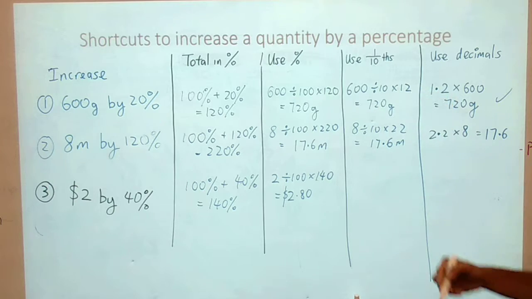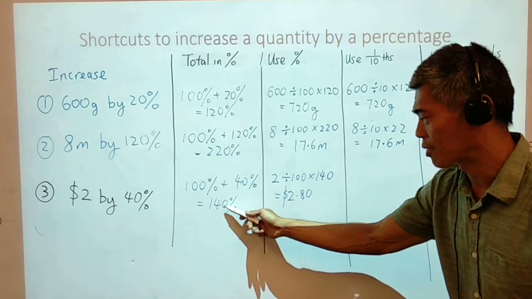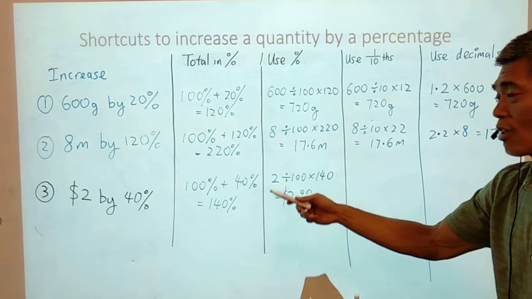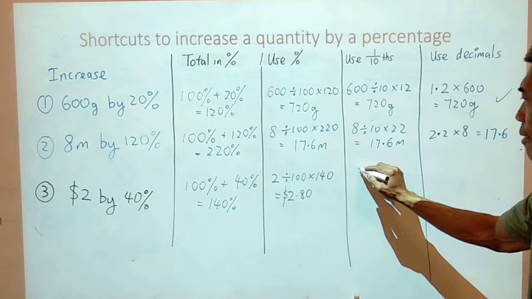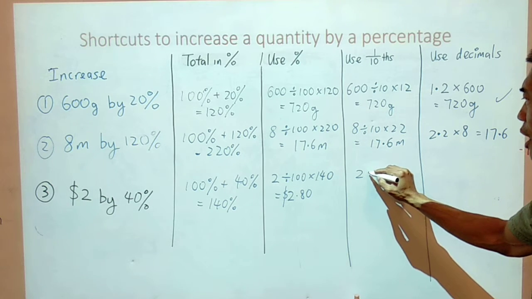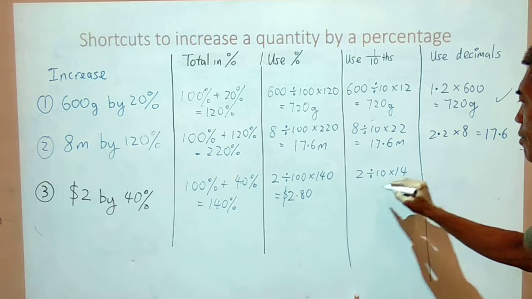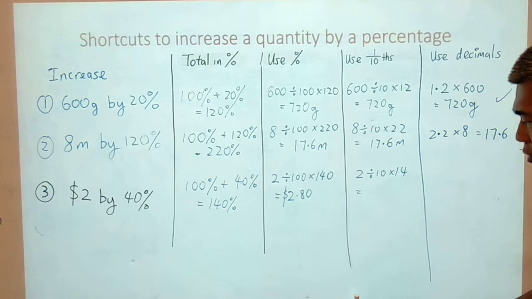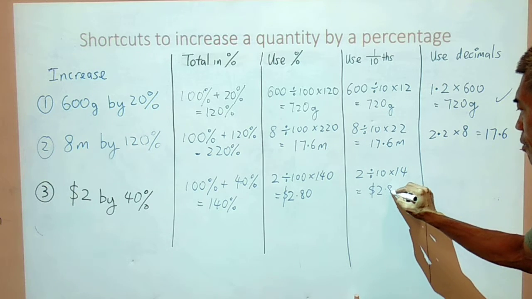Again, using the 1/10 method, we know that 140% is actually 14 over 10. So that would be 2 divided by 10 times 14. That will give us also $2.80.